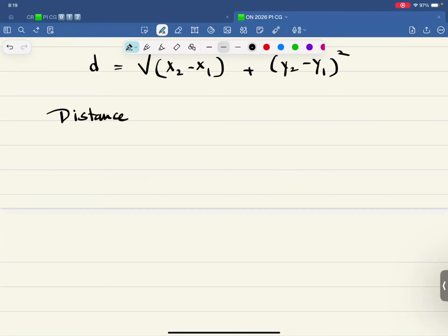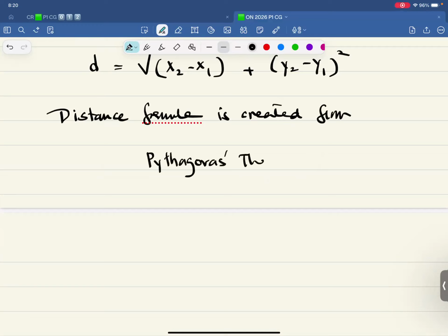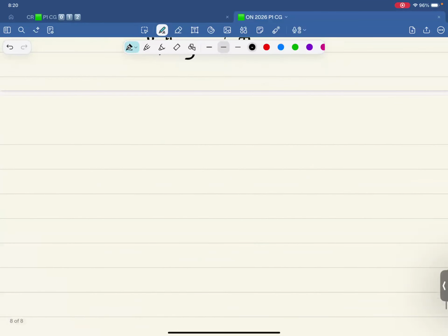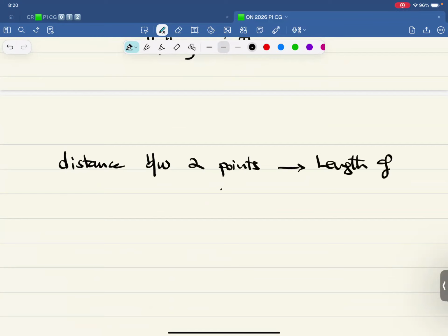So the distance formula is created from Pythagoras theorem. Got the idea? So this is the distance formula, distance between 2 points. Distance between 2 points is the same thing as the length of line segment AB.